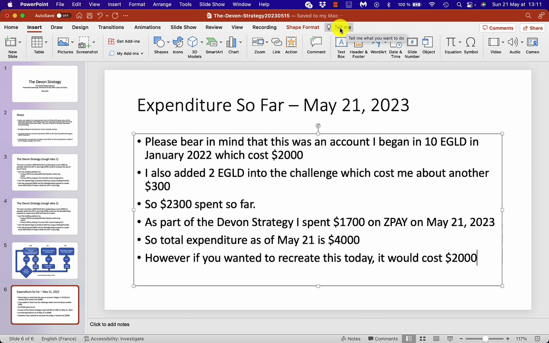I think those 2 e-gold probably cost me about $300. So that was $2,300 spent. And then today, I spent $1,700 on ZoidPay. So that means the total expenditure for me as of today is $4,000. However, if you wanted to actually recreate this right now, today, it would cost you $2,000.